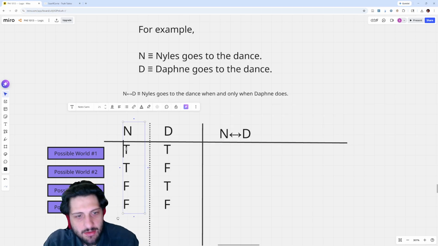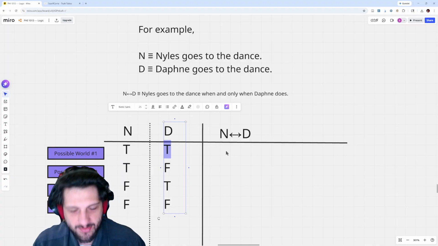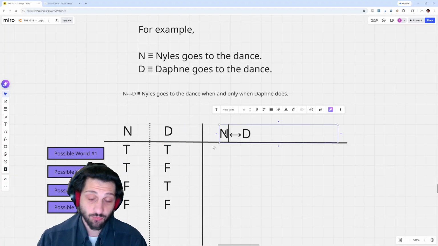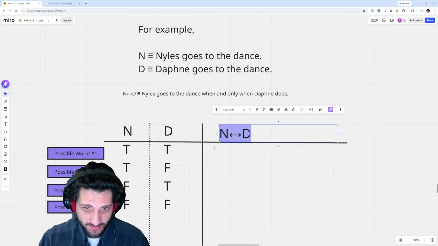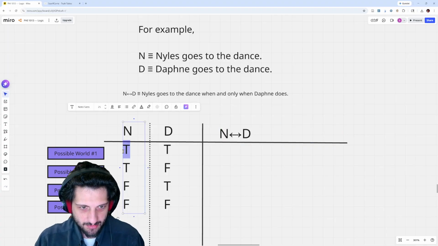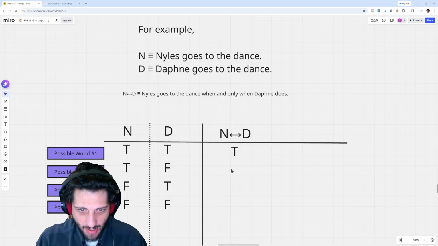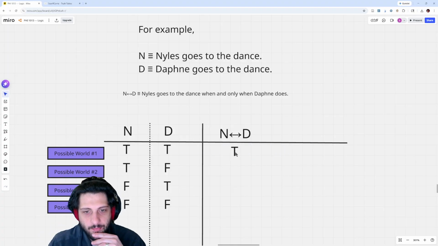Let's run through it. Suppose you see Niles and Daphne at the dance. Are you going to say it's wrong that Niles goes if and only if Daphne does? Well, no. You would say, okay, in this world, I'm not going to reject that.